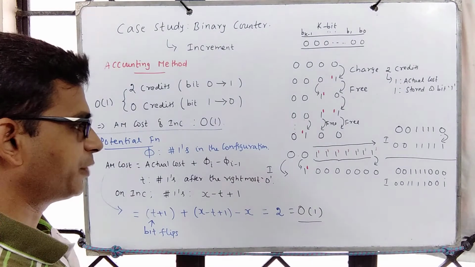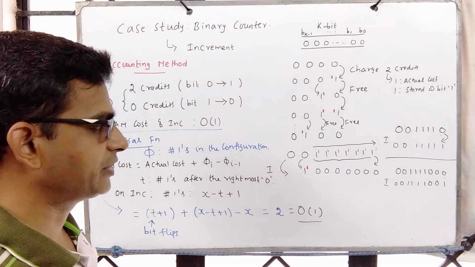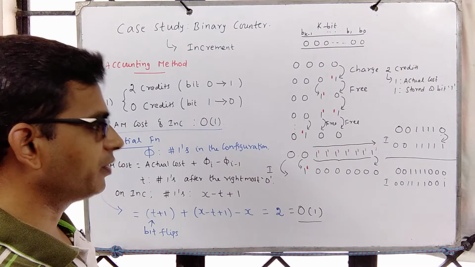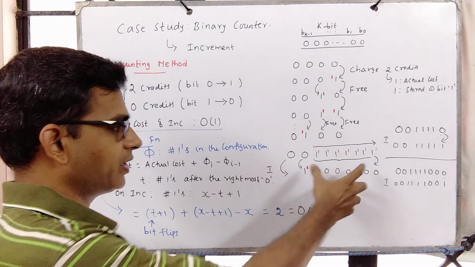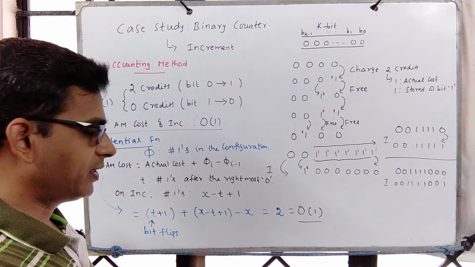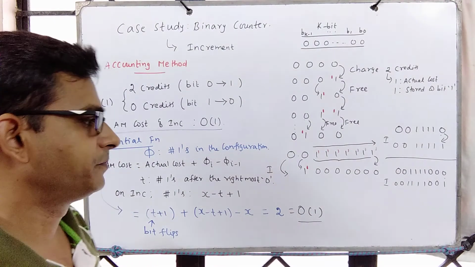As part of the potential function method, the number of ones in the configuration is precisely the potential. And interestingly, if you bring one more variable denoting the number of ones after the rightmost 0, we see that the amortized cost using the potential function method is also constant.